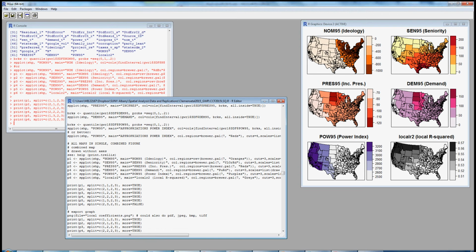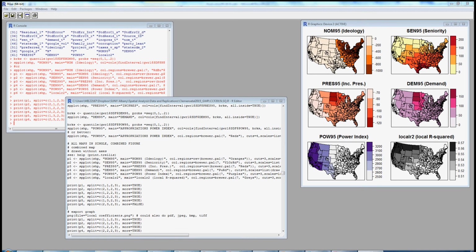With regards to presidential vote and power index, you see that every unit is statistically significant. 0 is not on this scale. And demand, you see that the light gray or the very light purple captures the non-significant effect of that variable. And that's only true in California and the very western portion of Oregon in here.